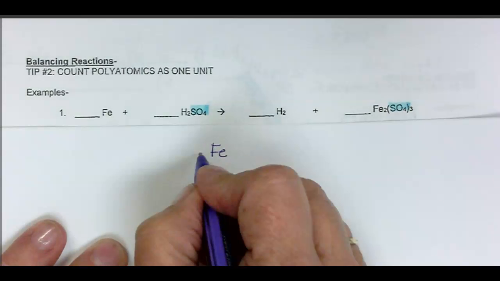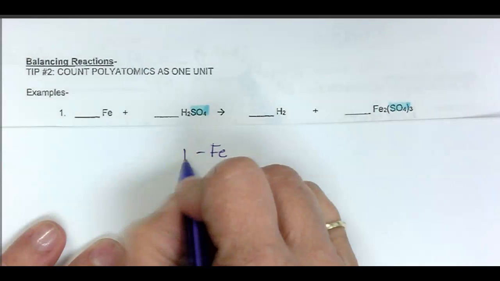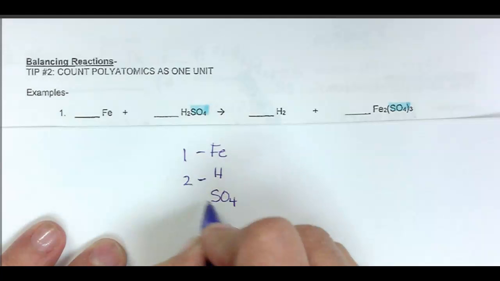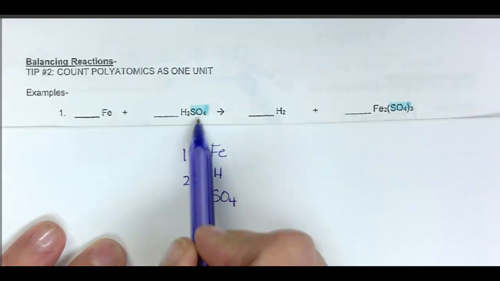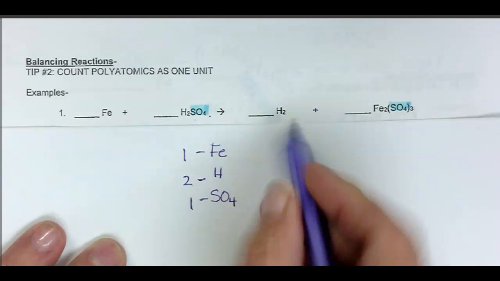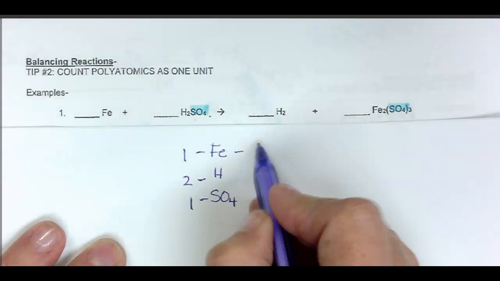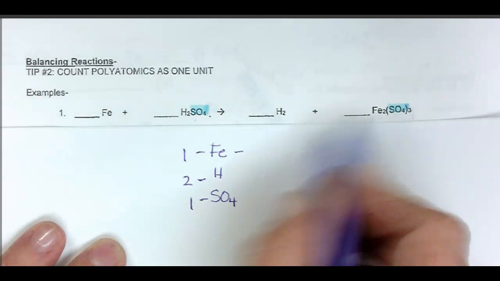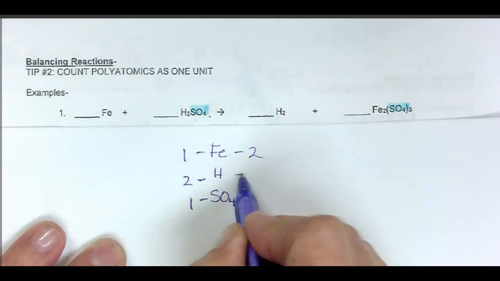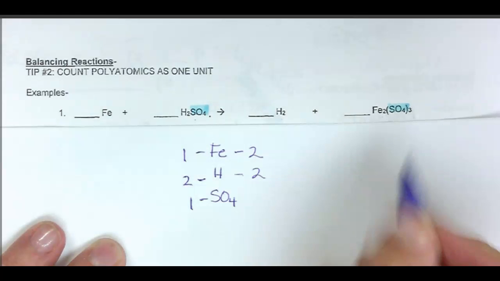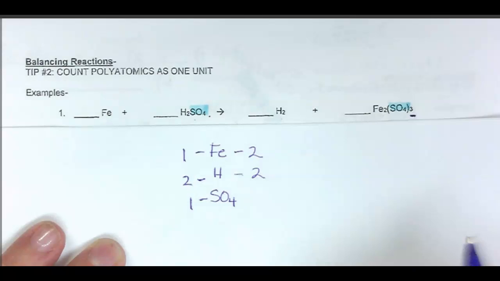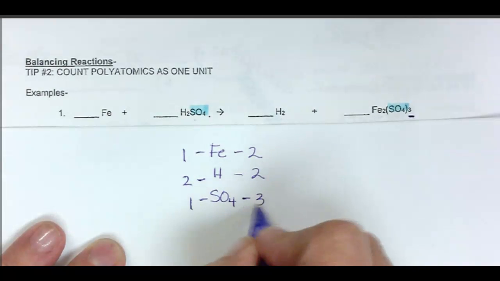So on the reactant side, I have 1 iron, 2 hydrogens, and 1 sulfate. 1 because there's no parentheses with something outside of it. On this side, I have 2 irons, I have 2 hydrogens, and I have 3 of the sulfates.